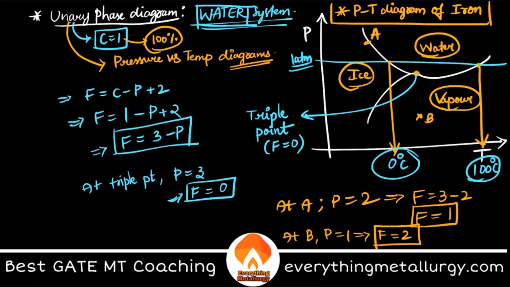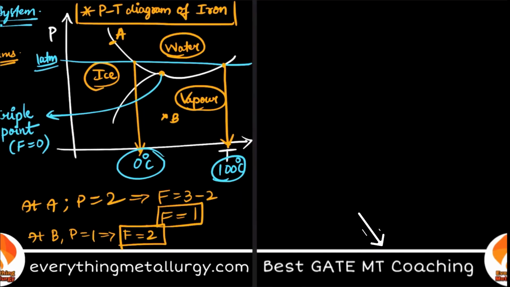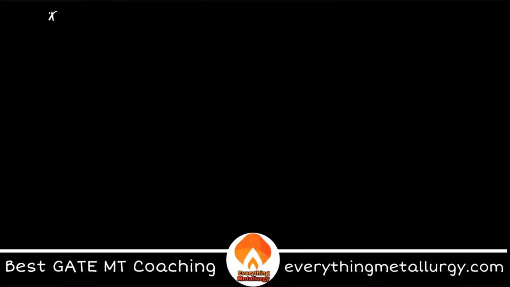So just go through this and try to understand how the iron PT diagram looks. This is one thing I wanted to leave you with. Similarly, quickly we'll look at the binary phase diagram, and then we can move on to the second topic for the demo session.